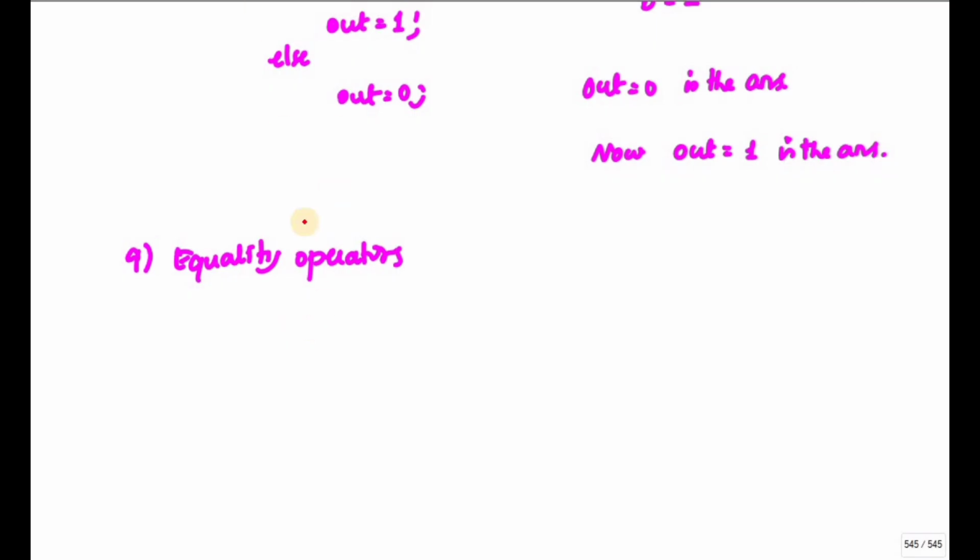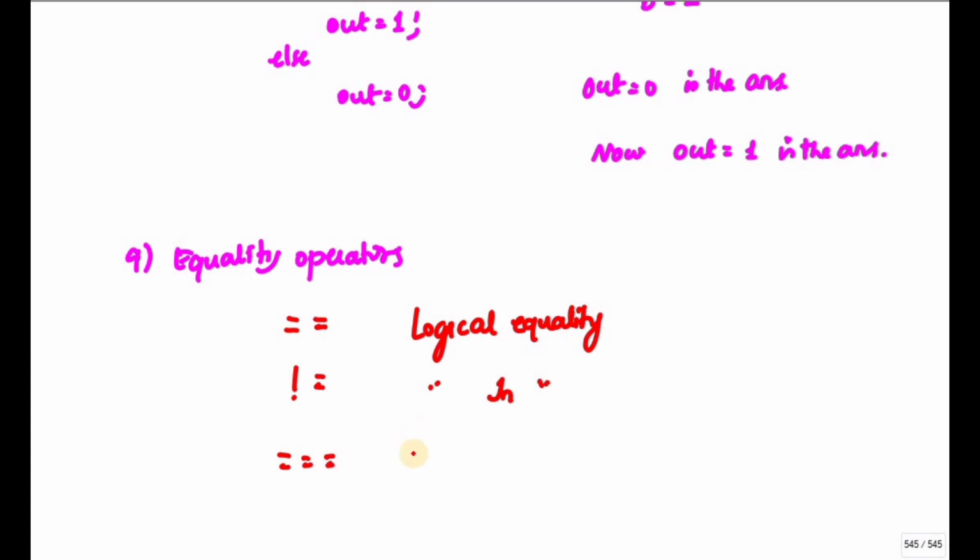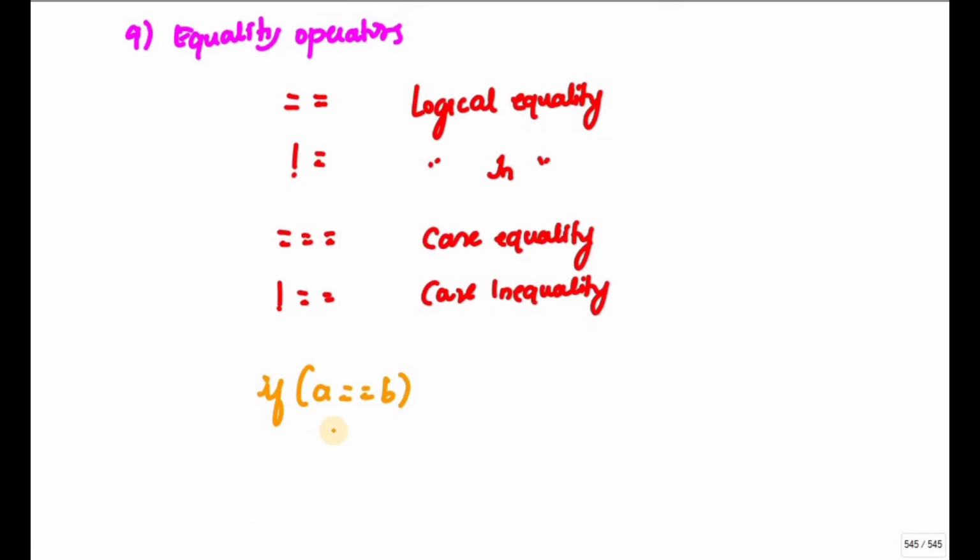Okay, so the next operator is the equality operator. This we have already discussed in the relational operators: equal to is logical equality, and not of equal to is logical inequality. Then you have triple equal to, that is case equality, and not of double equal to, that is case inequality. So let us discuss one problem.